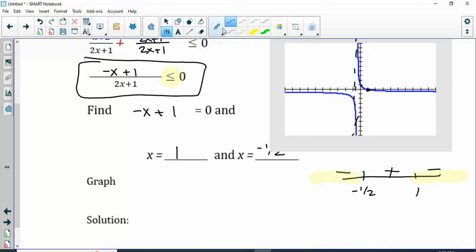No, just the one. Right. The -1/2 makes the bottom 0, or if we look at our graph, we had an asymptote there. So it can't get a bracket. So my answer is negative infinity to negative 1/2, union, bracket 1 to infinity. Is that one okay?